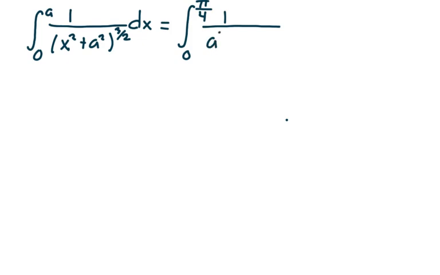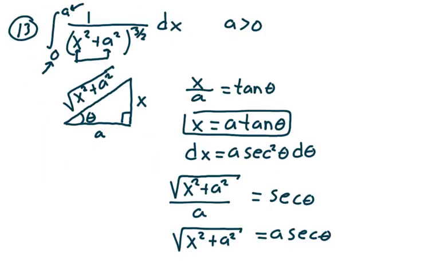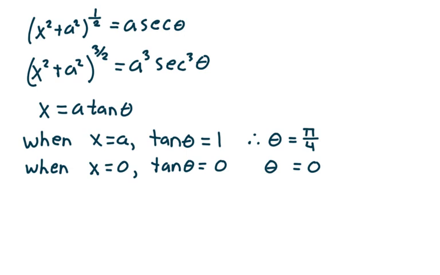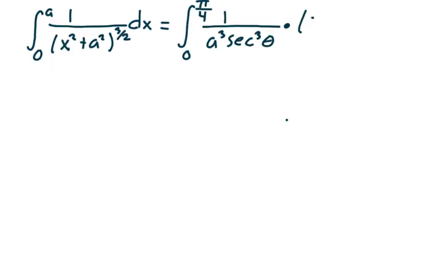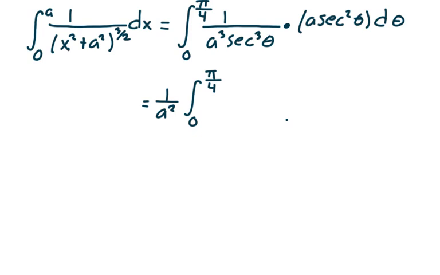So I'm going to put a to the third secant cubed theta. And then I'm going to multiply by dx. Now, let's go back. dx is a secant squared theta d theta. So I'm going to put a secant squared theta d theta. Now, I'm going to pull the 1 over a squared out in front, and I'm going to integrate from 0 to pi over 4 of.